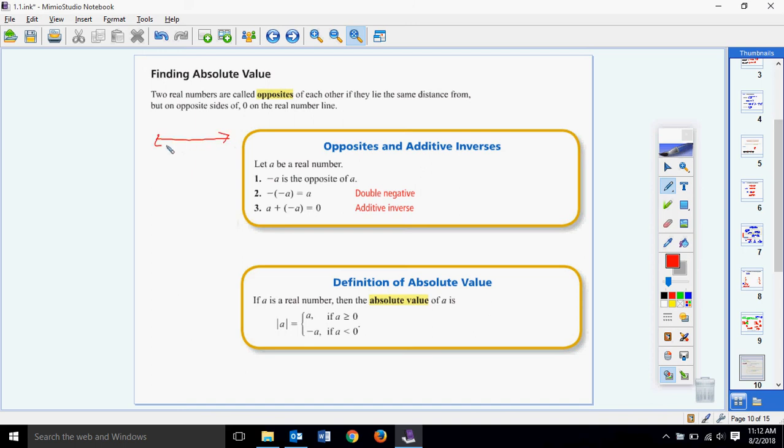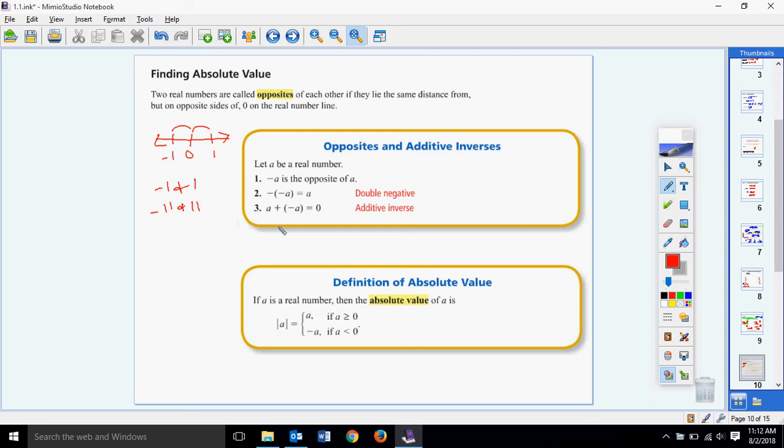So on our number line, we have 0 here, and then we have a positive 1 and a negative 1, both of which are 1 unit away from 0, and they're on opposite sides. So negative 1 and 1 are opposites. Likewise, negative 11 and positive 11 would be opposites. So it's just the negative and positive version of a number.